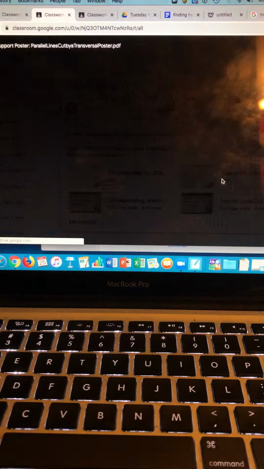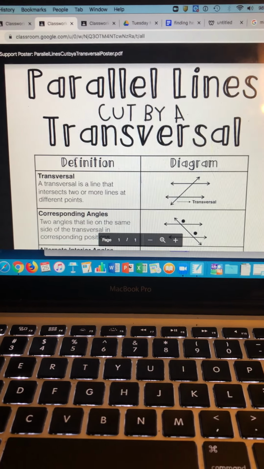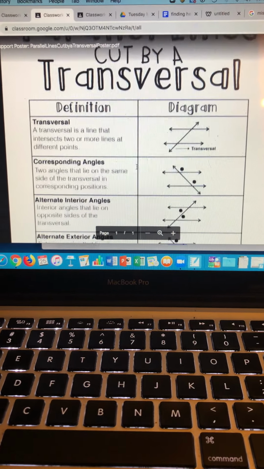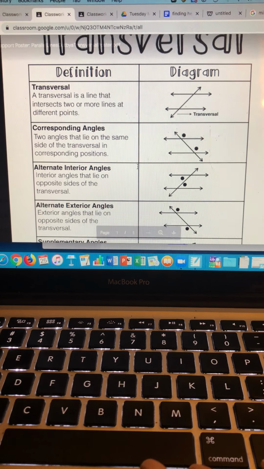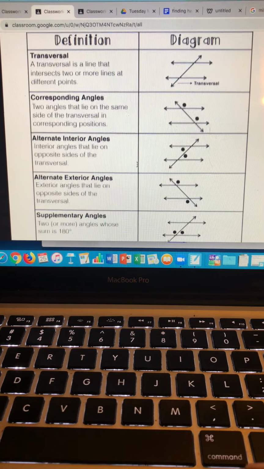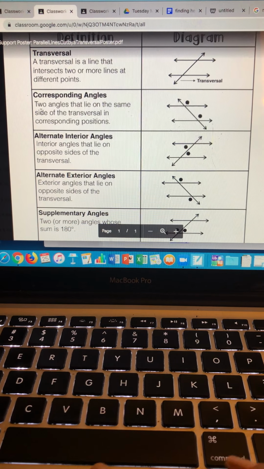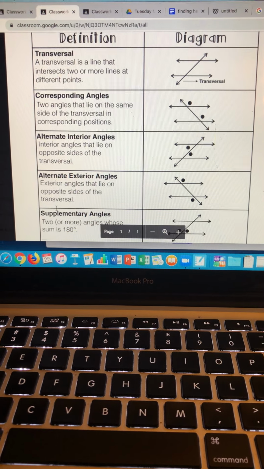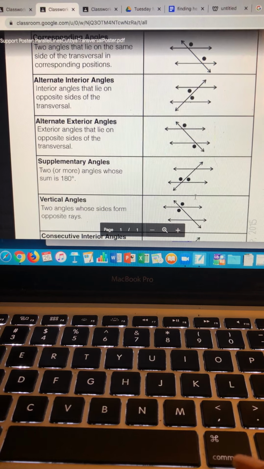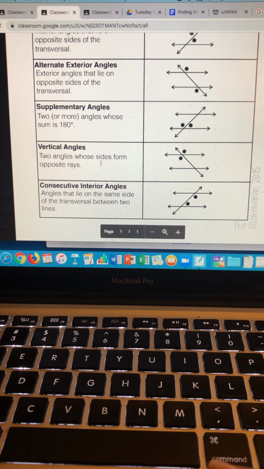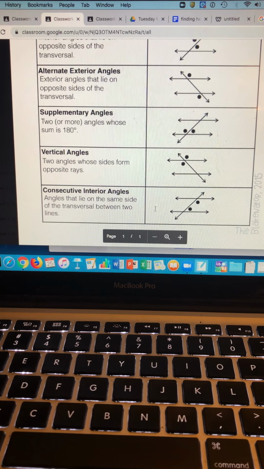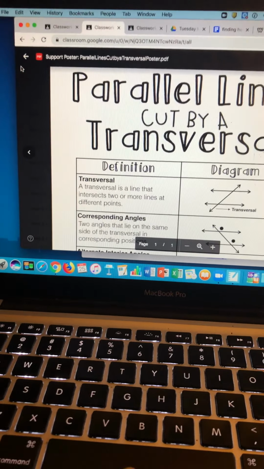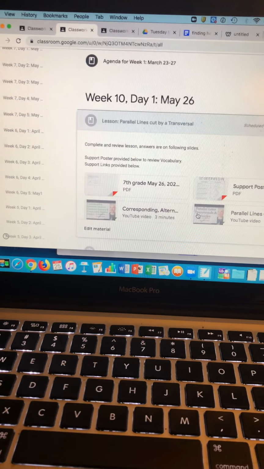There we go. Okay, so keep this available. It's a really helpful poster to have because it reminds you of each of the words we're going to be looking at today and gives you an example on the right side. It also gives you what they equal. I think this is super helpful, and I would definitely keep that handy.